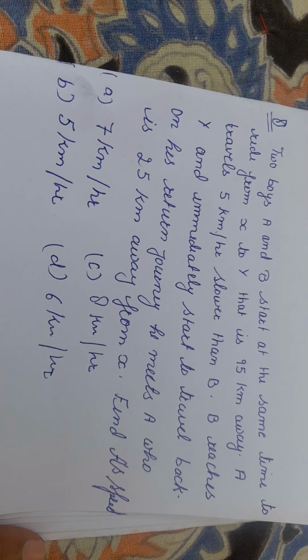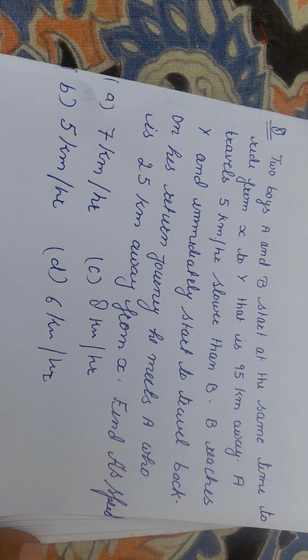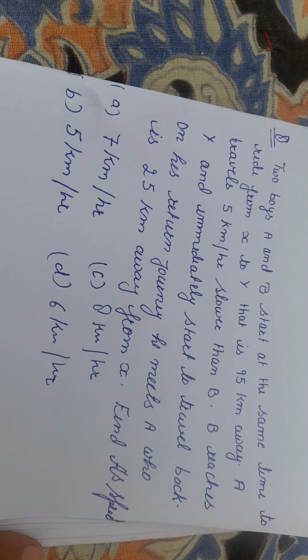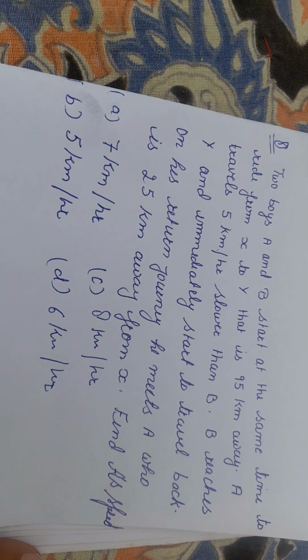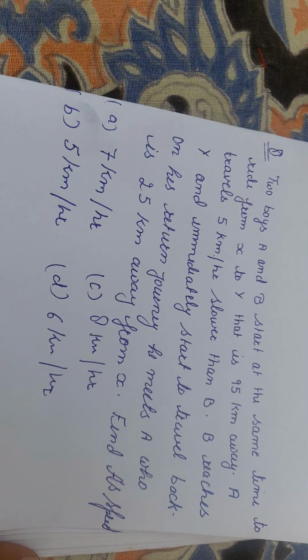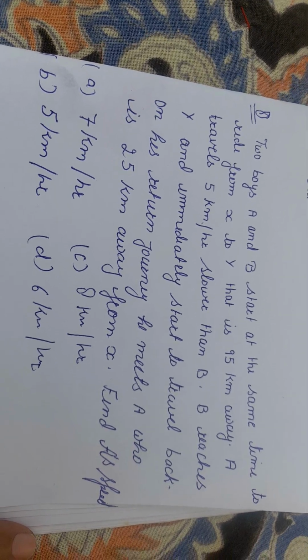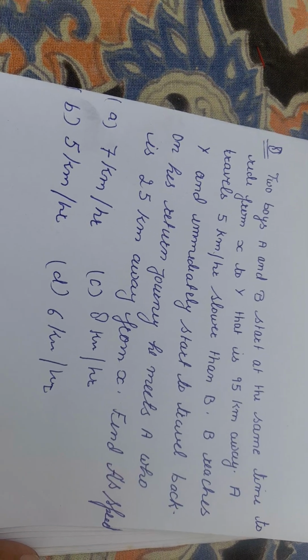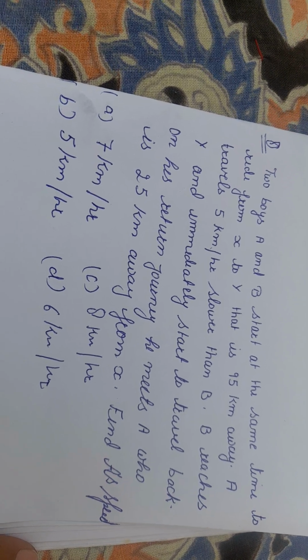Okay. In this question, there are two persons, A and B, and they start at the same time. A place is given, X is the starting position and Y is the ending position, and the distance between X and Y is 95 kilometer.